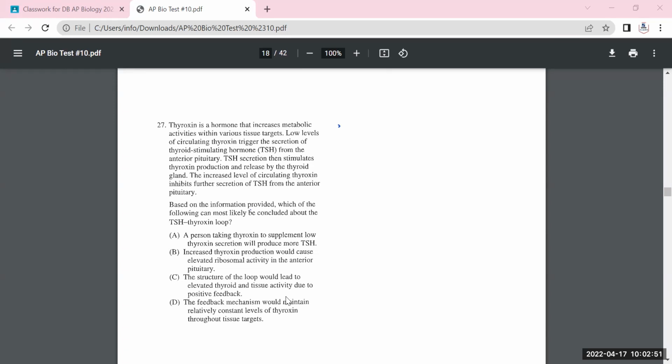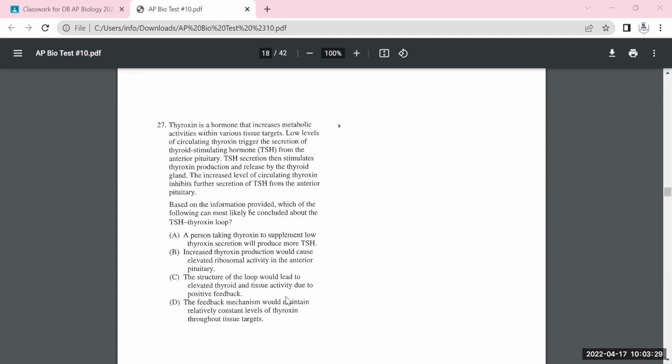27. Thyroxine is a hormone that increases metabolic activities within various tissue targets. Low levels of circulating thyroxine trigger the secretion of TSH, thyroid stimulating hormone, from the anterior pituitary.